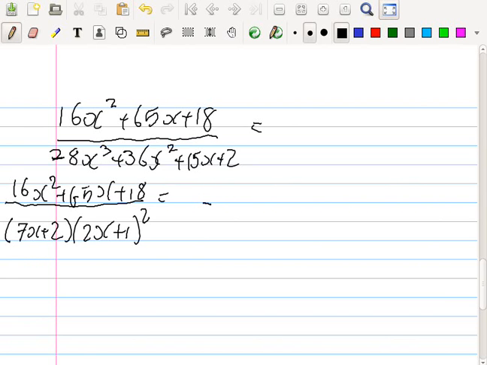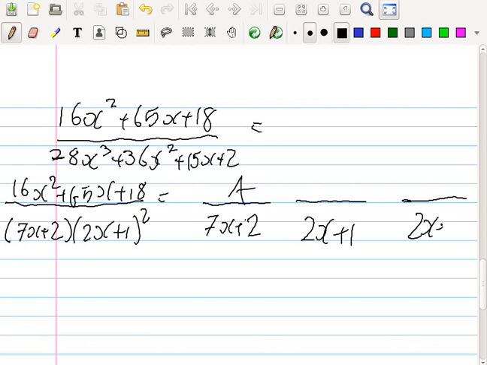Now, again, A, B, whoops, and C. First one, good. But what happens when you have a repeated factor? Keep one the same, and then the other one's squared.